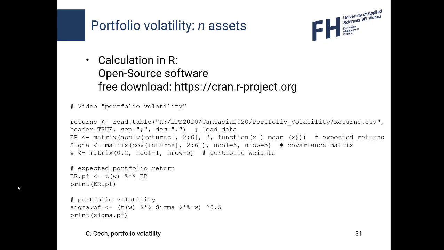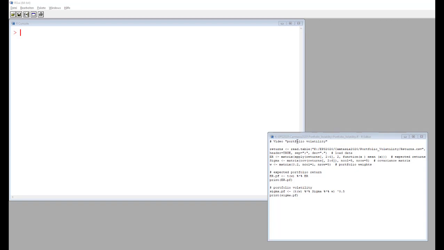I then calculated the expected portfolio return as the W transpose times the expected return, and I calculated the portfolio volatility as the square root of W transpose times the covariance matrix times W. In the R program, it looks like this.